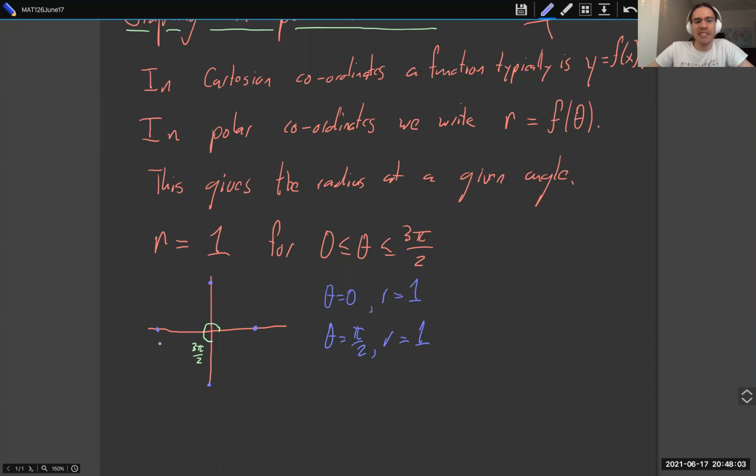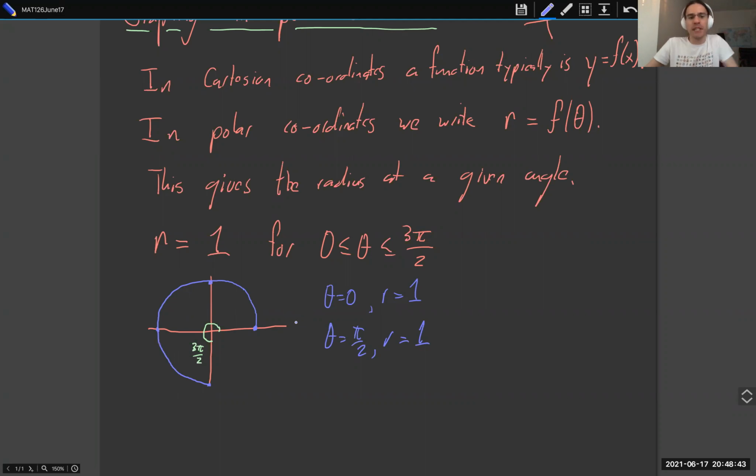So if the radius is always the same, then what do I get? One. Well, that's what the radius always is. What does the shape look like when I plot it in polar coordinates? Circle. Yeah. So I exactly get a circle, except for the fact that I've restricted my theta to lie in a certain range. So I get 3/4 of a circle, right?